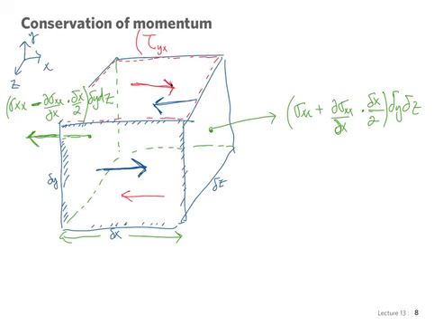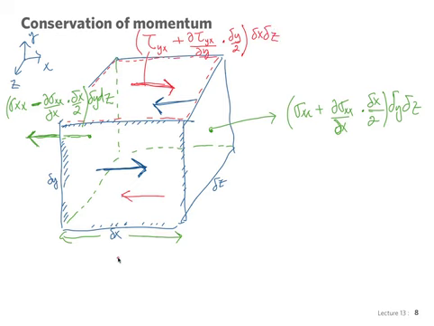This is the top one, the red. But we've moved from the center by plus y, so it's a plus variation of the same stress, tau yx, with respect to y, dy half. And the area of the wall is dx dz.